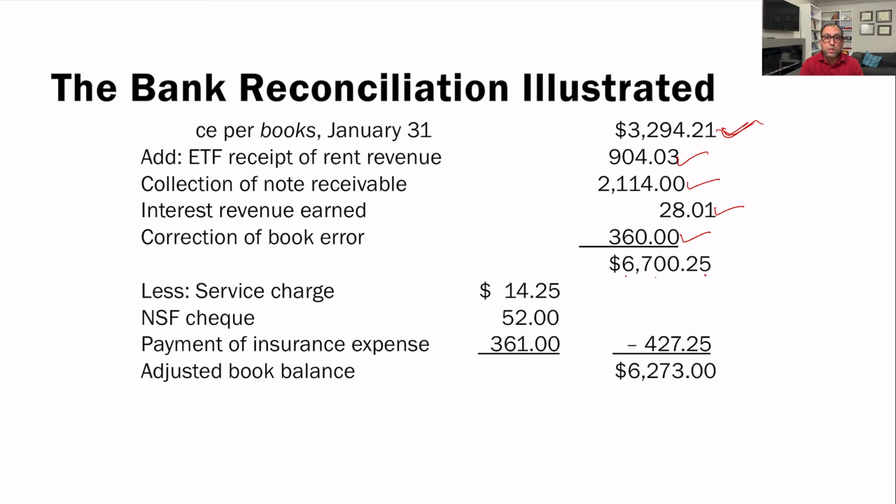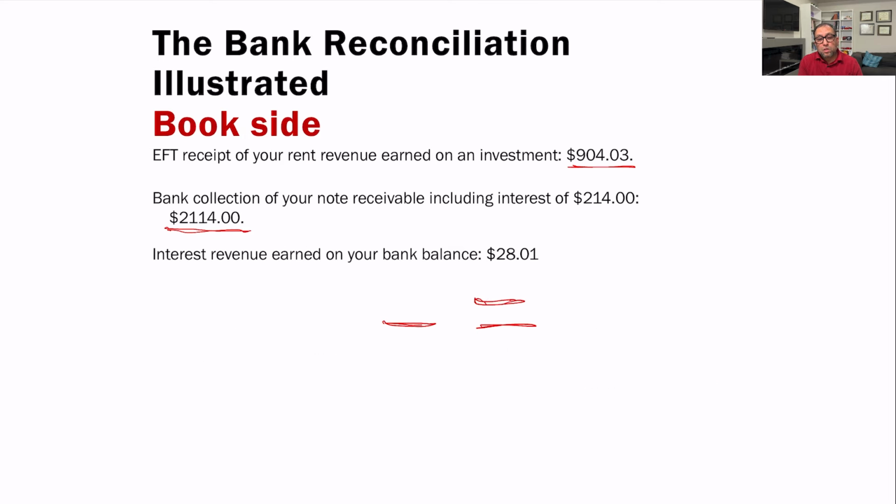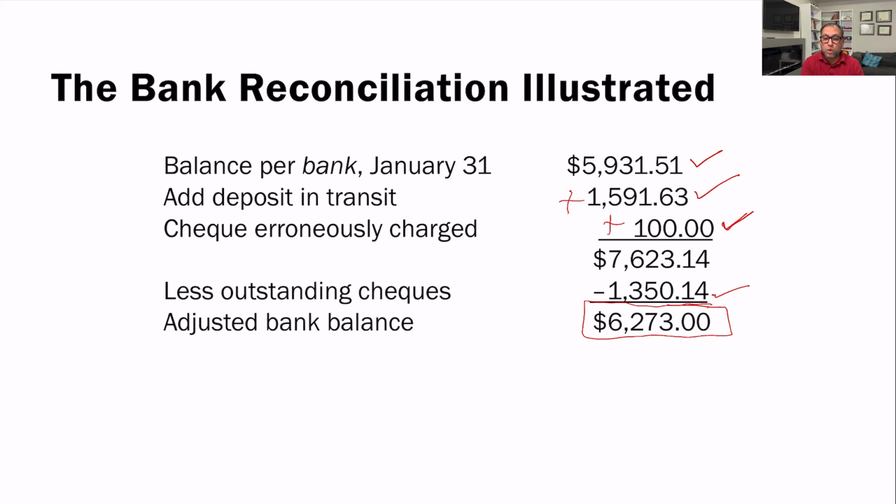Now what we have to subtract? Service charges, NSF check, and payment of insurance. When we subtract all of this together, 427.25, we see here 6,273.